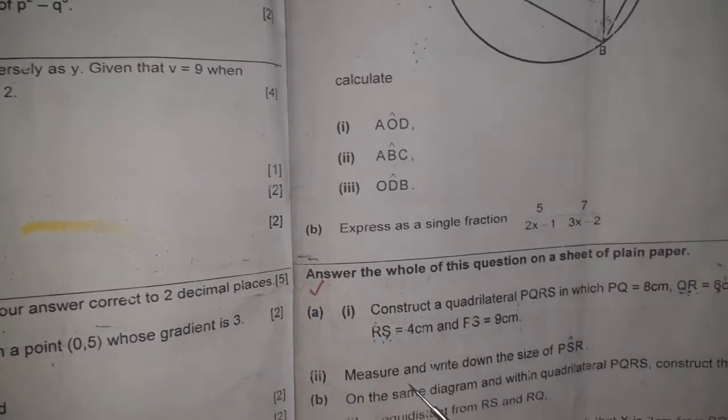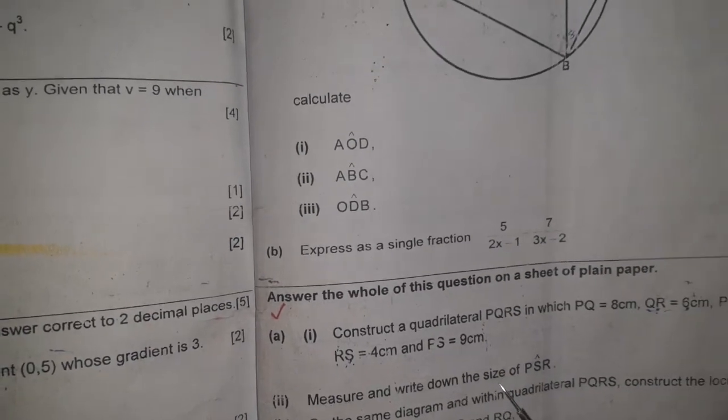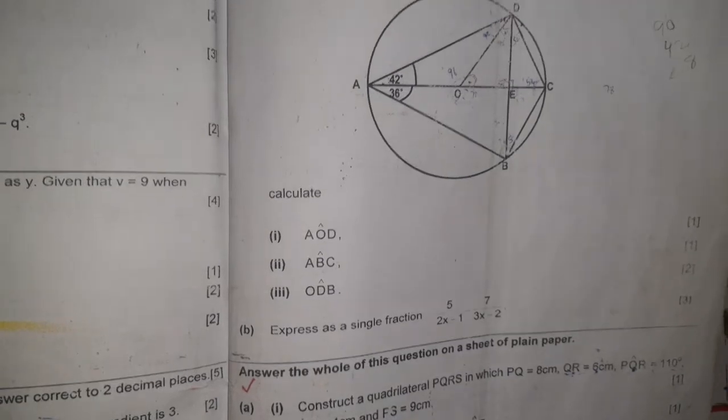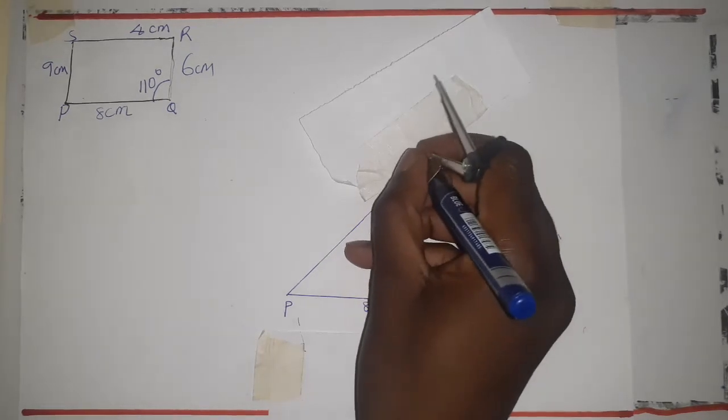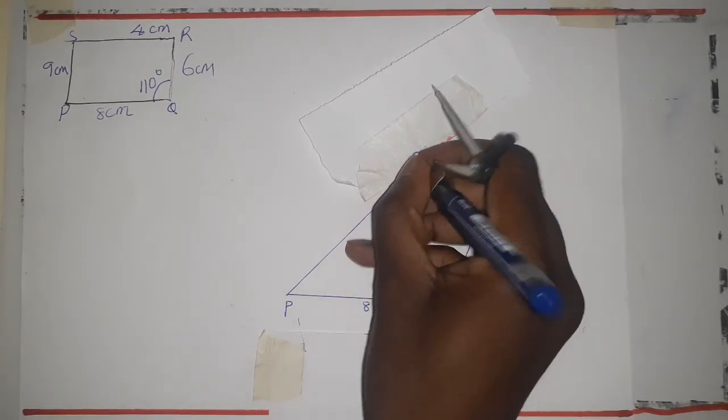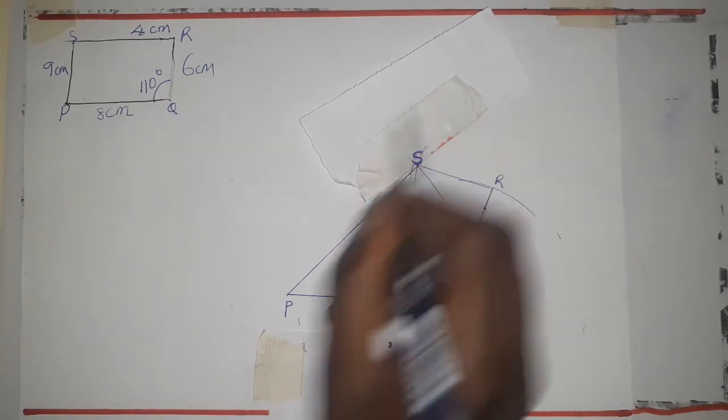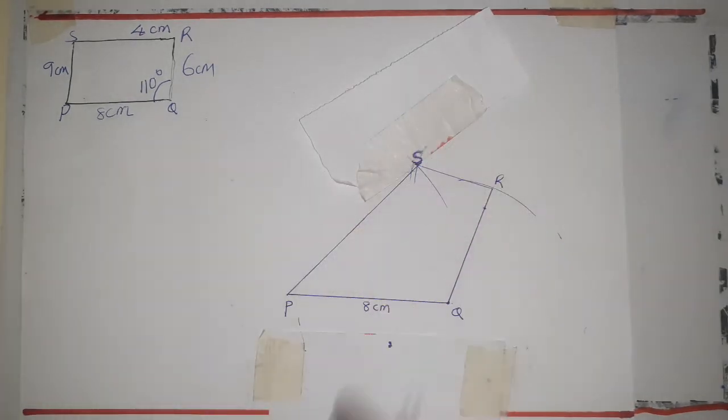Measure and write down the size of angle PSR. Remember that our S is at this point. So PSR, it is this angle.